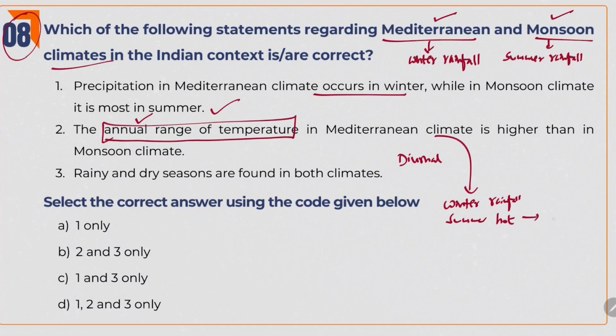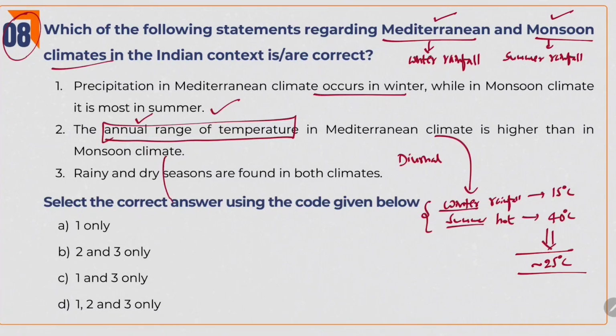Say in summer they are experiencing 40 degrees temperature. In winter, because of rainfall and all, the temperature will drop and they will experience 15 degrees temperature. So what is this difference? This is annual range, because winter and summer won't happen in a day, they occur over a year. So the temperature difference is around 25 degrees centigrade.